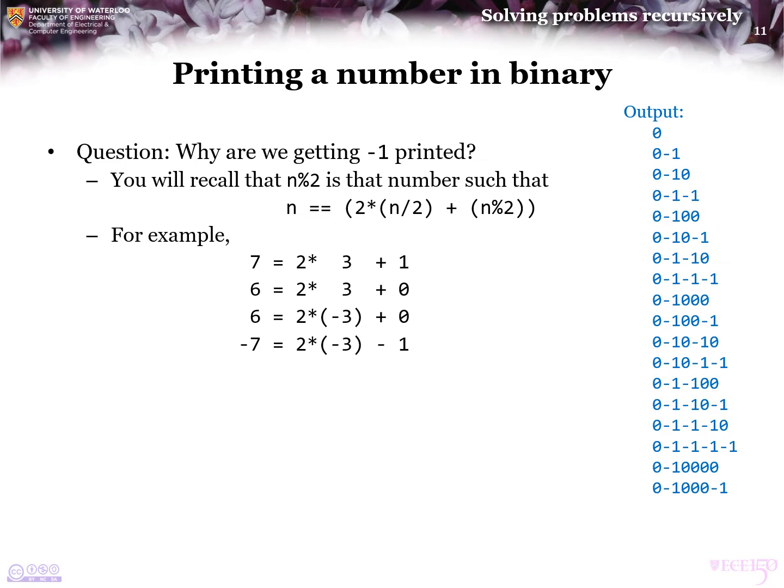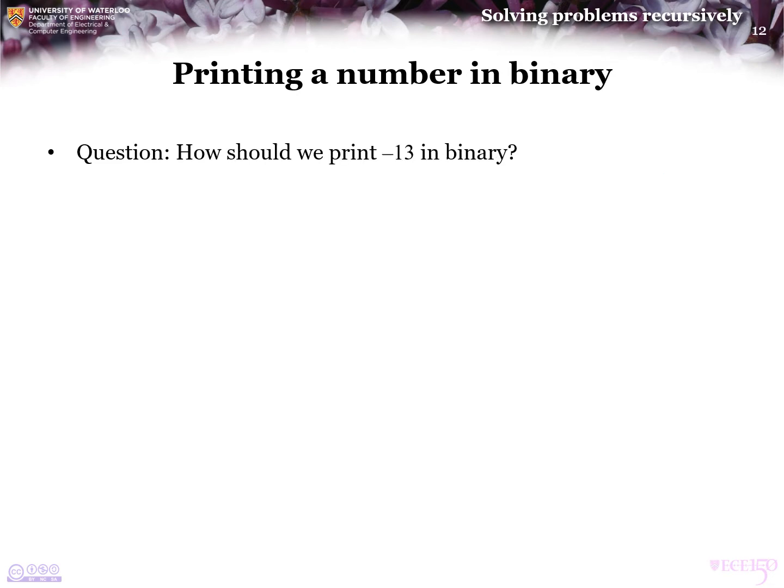But 2 times negative 3 is negative 6, and to get us back to negative 7, we must subtract an additional 1 off of negative 6, and therefore the remainder is now a negative number. Okay, so we have to now potentially deal with negative remainders. That sounds a little bit frustrating.